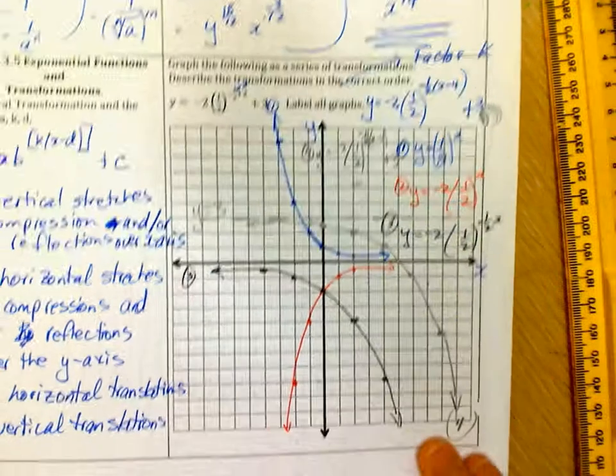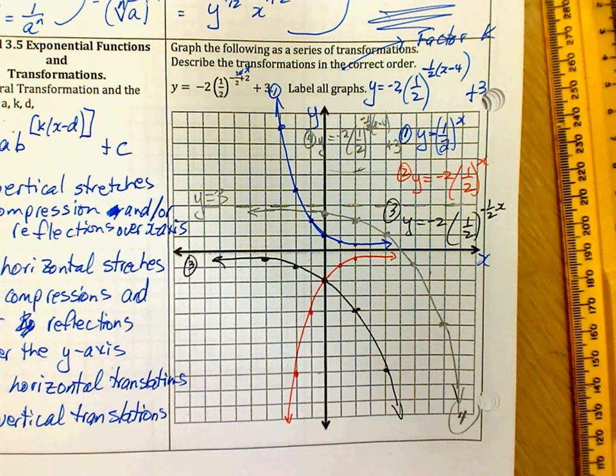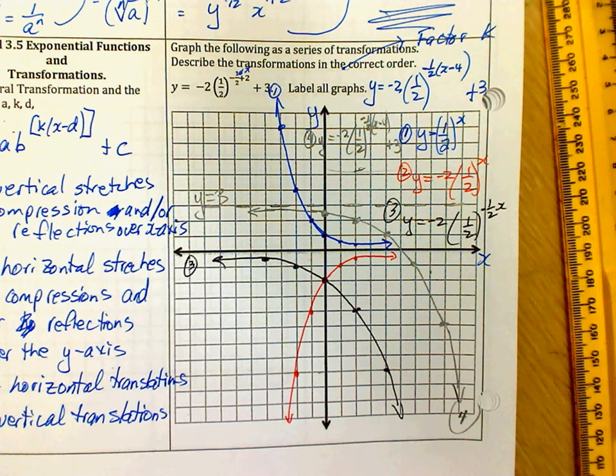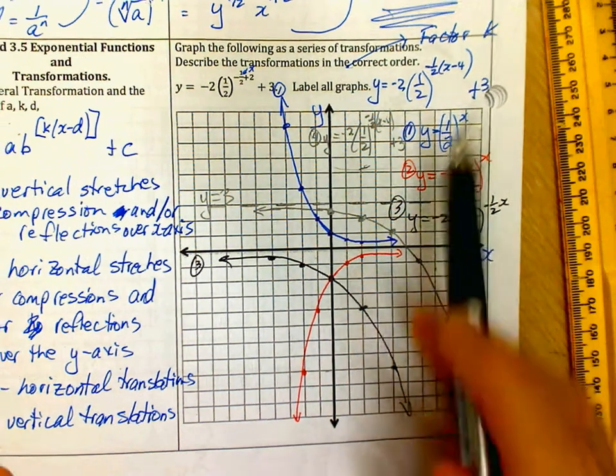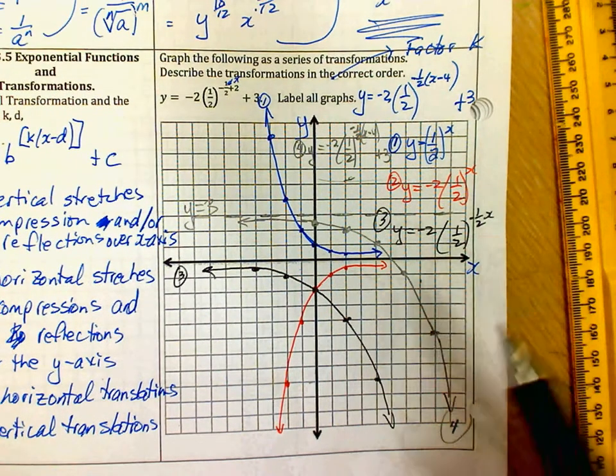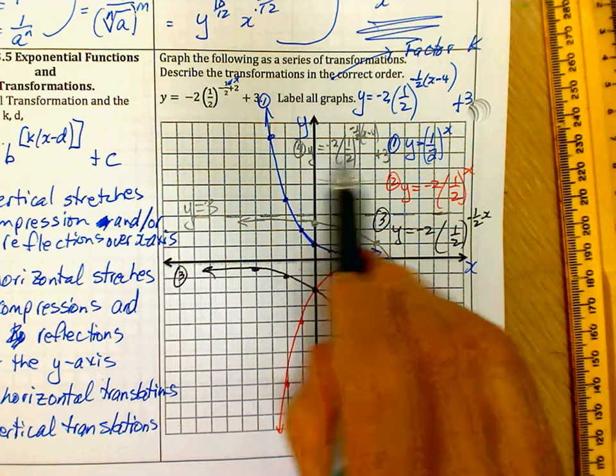Okay, good. That's it for that translation. It says describe the transformations in proper order. So let's do that. I might have to do that on a scrap piece of paper because it is so tight. When we describe the transformations in correct order, we just follow the order of the equation. So it's negative 2.